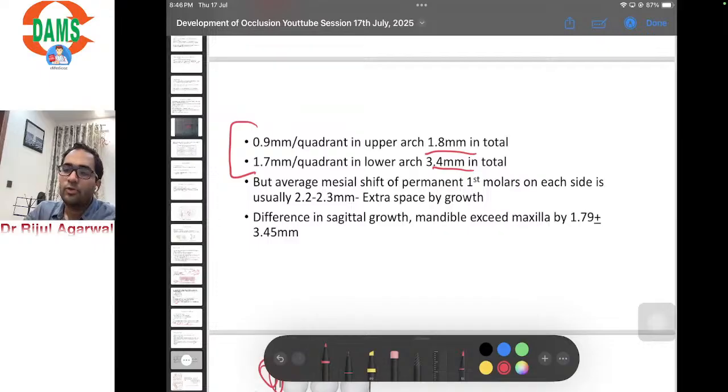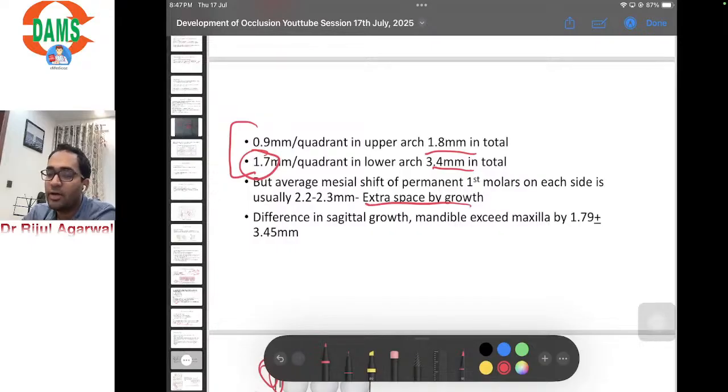But the average mesial shift of the permanent first molar on each side is usually 2.2 to 2.3 mm. What I mean to say is, to convert a flush terminal into class 1, approximately 2.5 mm of space is needed for each molar to move forward, but there is only 1.7 mm of space. The rest of the space is contributed by the growth of the mandible.